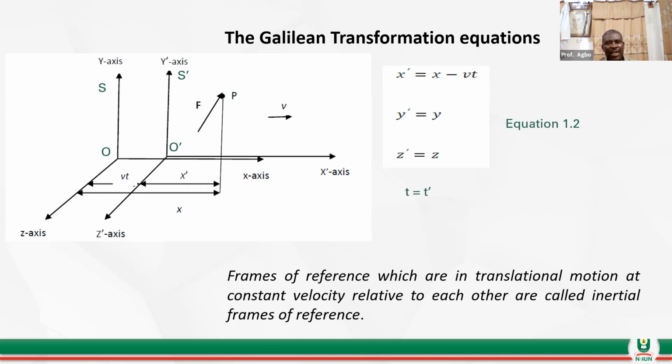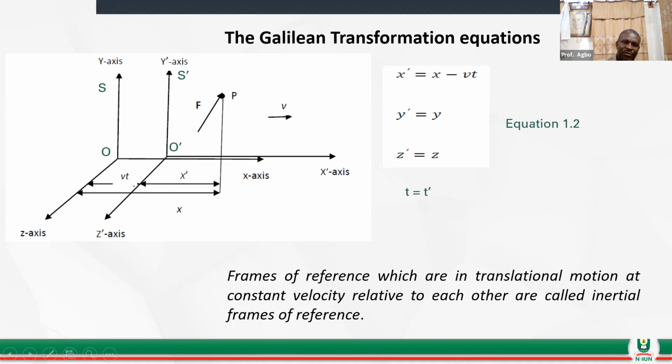That is a situation like that, where you have two observers. If you look carefully, you see that an observer O is in the S frame. We assume that this frame is not moving. And another observer, O prime, is in the S prime frame.